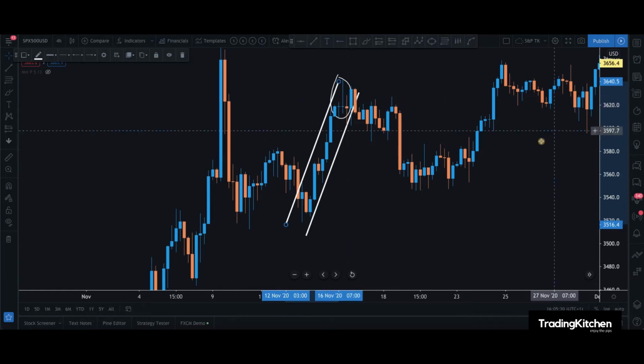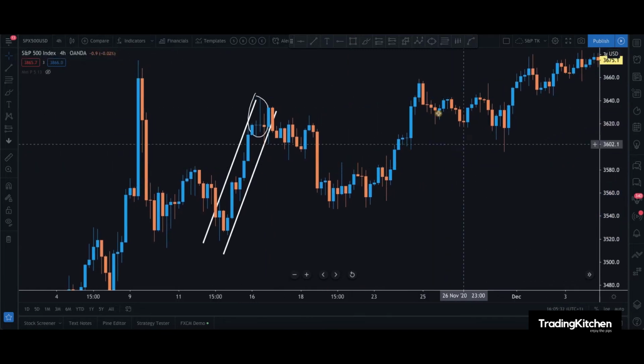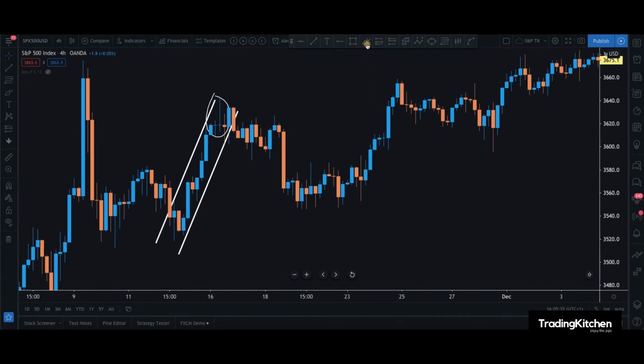Let me show you an example. This one. Okay, so this is an engulfing. We're going to speak about them later. And this is a pin bar. We have here a Doji. So what does it mean? It means that here the downtrend has started.